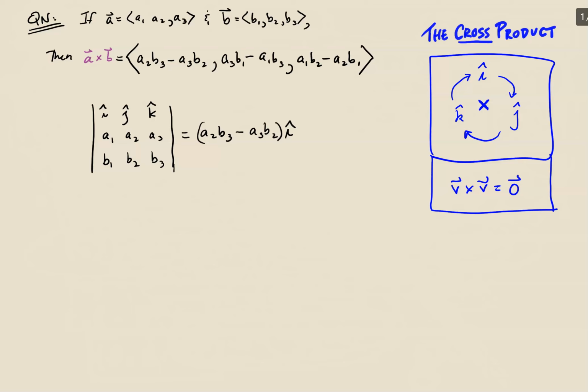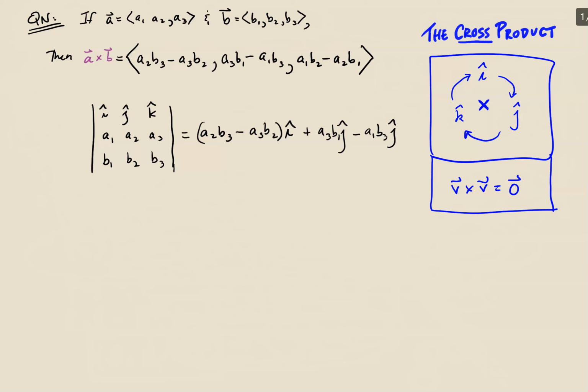A3 B1. So I'll go ahead and write that in, plus A3 B1 j, and then we have to go the other way and get a negative. From the j hat here, we're going to get A1, and then we come back on the screen here, B3. So we would get a minus A1 B3 j hat.